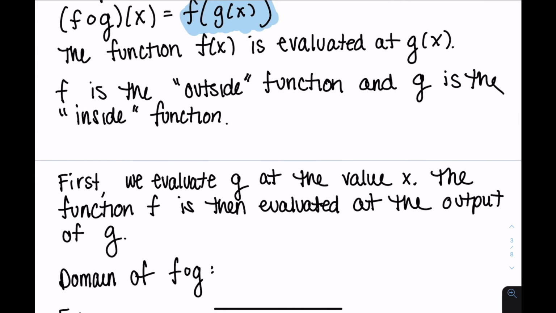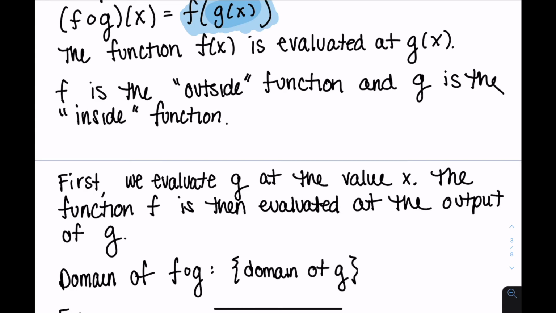The domain for these can be a little bit tricky because you might get a resulting function that looks really nice and has no issues. But because of the way this is defined, and you start by evaluating at g of x, the domain of g is going to be important. So the inside function matters. You need to make sure you can pick values of x that work for the inside function first.